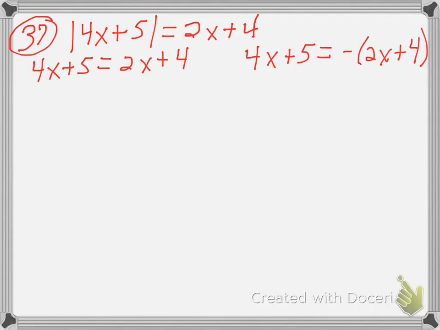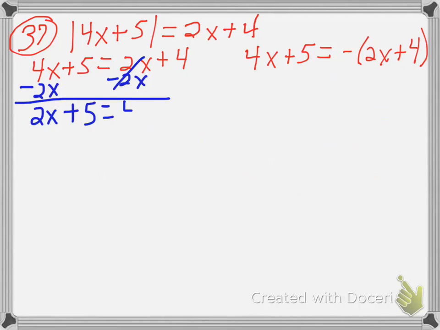I'm going to work the one on the left side first. I've got x's on both sides, so I need to go minus 2x to get my variables together. The 2x and the negative 2x cancel, and then 4x minus 2x is 2x. Then I have a plus 5 equals 4. Now I'm going to solve for the x. So I get rid of my plus 5.